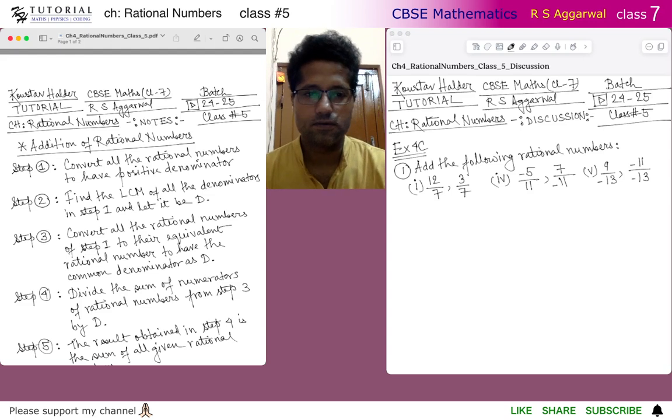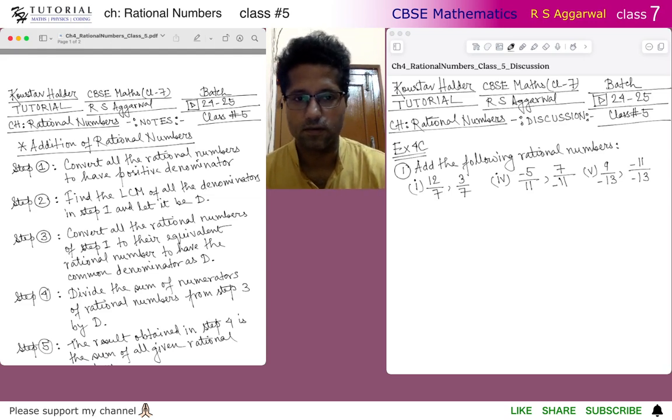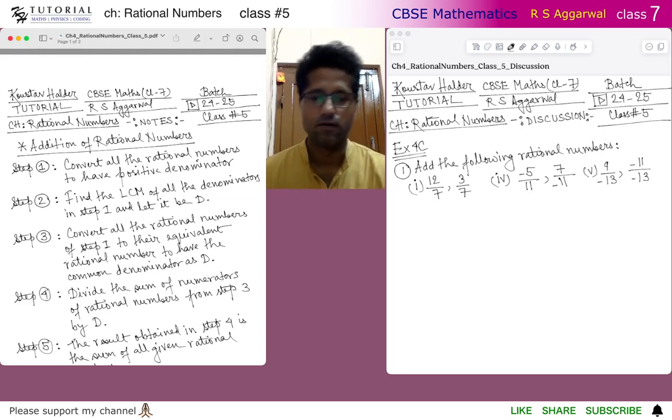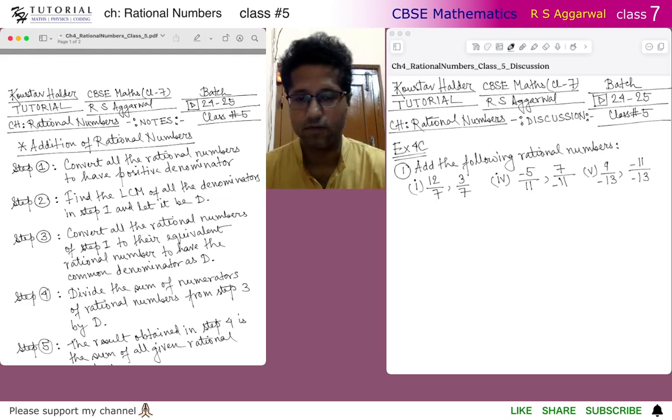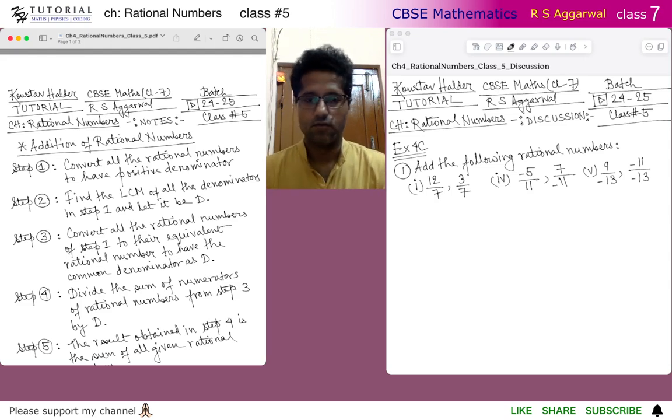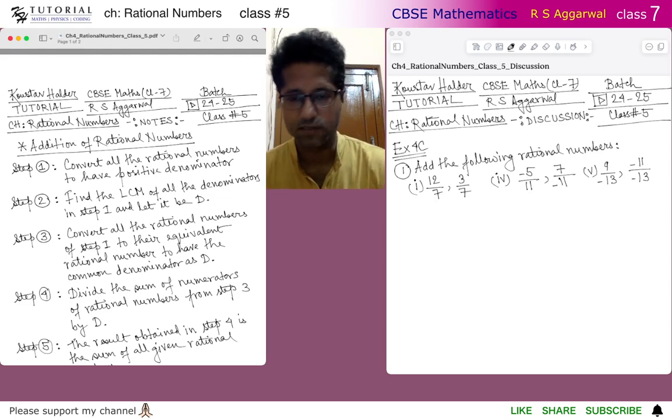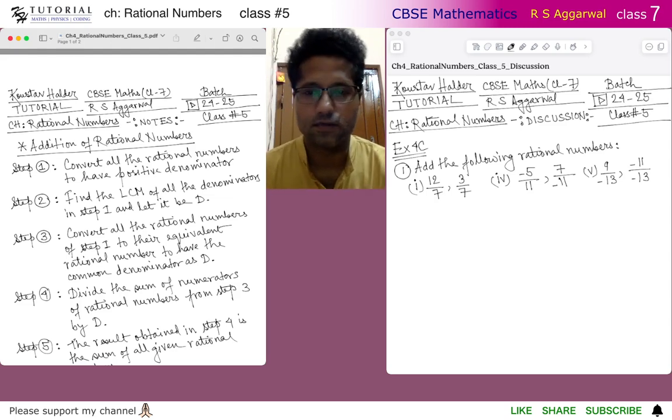The first step is we convert all the given rational numbers to have a positive denominator. If any rational number has a negative denominator, we will convert that to have a positive denominator by multiplying both the numerator and the denominator by -1. So in step 1 we have all the given rational numbers having positive denominators.